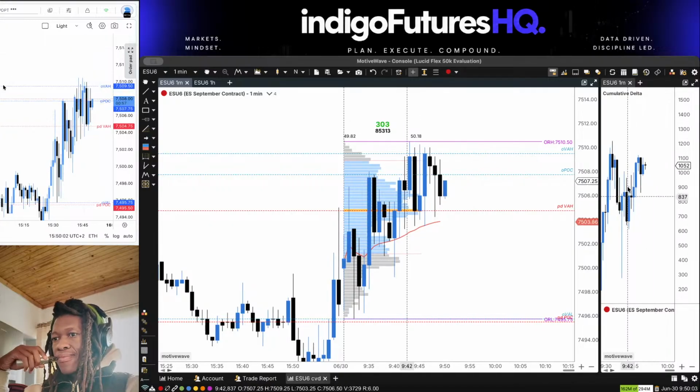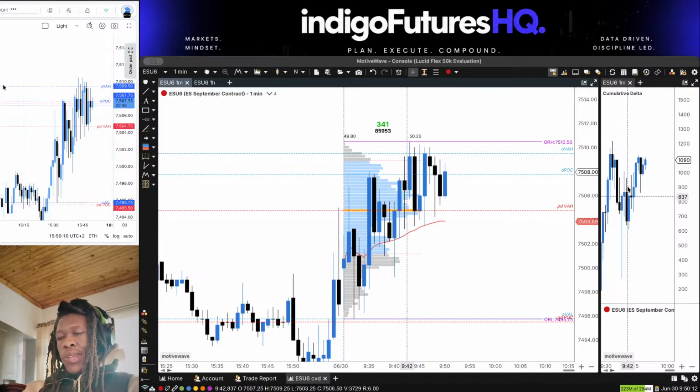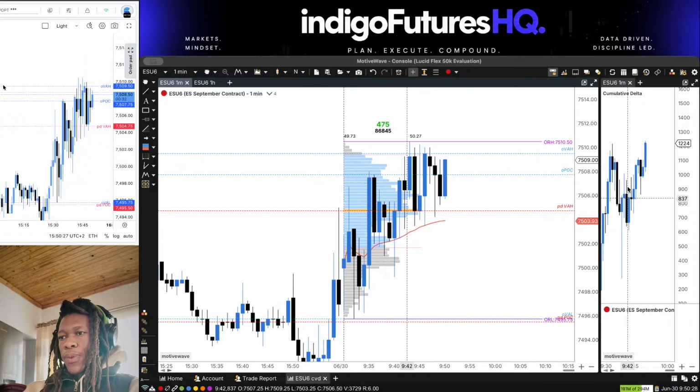It means there's a lot of buying, but they're not getting resolved just yet. Oh, POC. Okay, here we go. Overnight value area high, overlapping with the developing volume profile value area high.